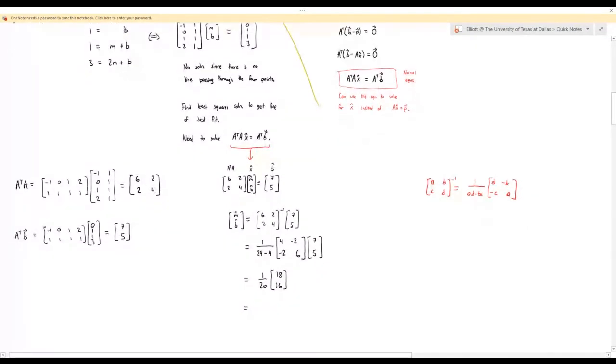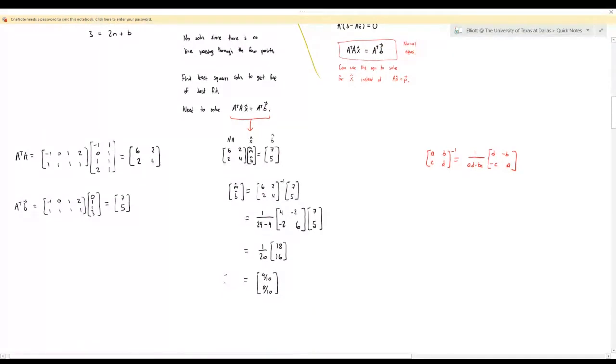If I multiply the 1 over 20 inside, we'll get 18 over 20, which is 9 over 10. And 16 over 20 would be 8 over 10, or 4/5. But maybe I'll leave it as 8/10, because it might be nice to have a common denominator.